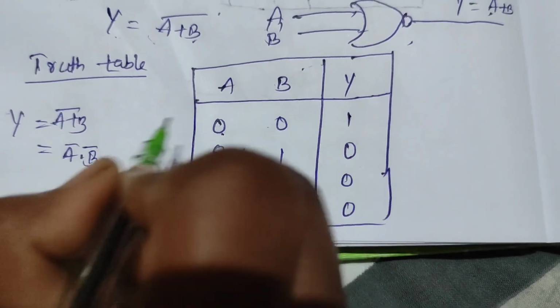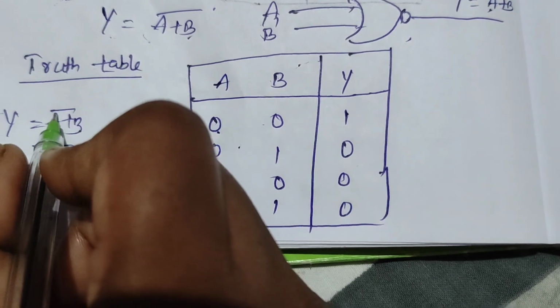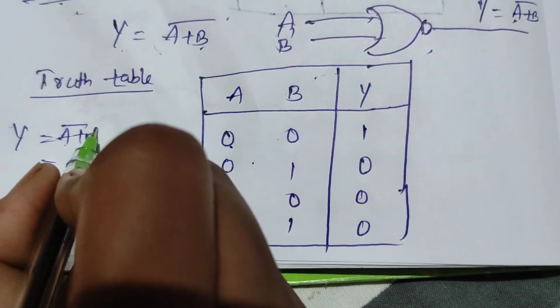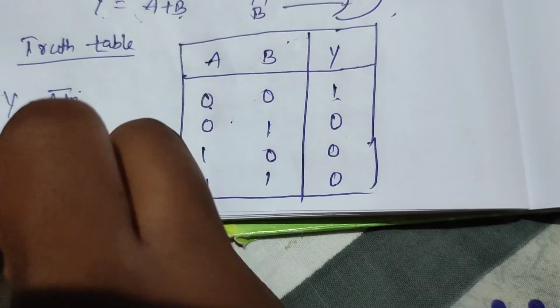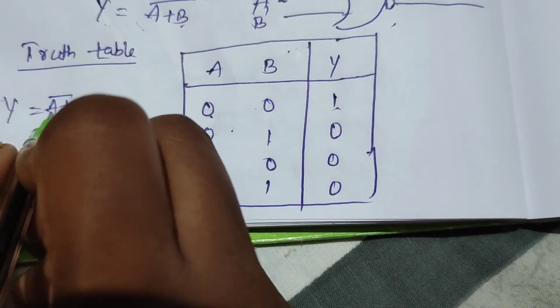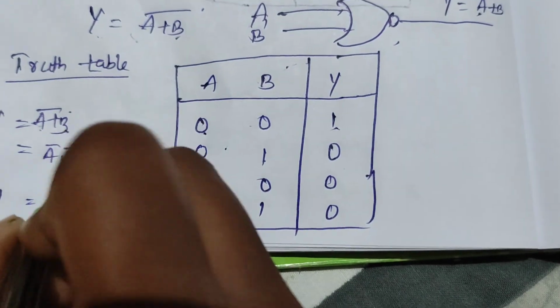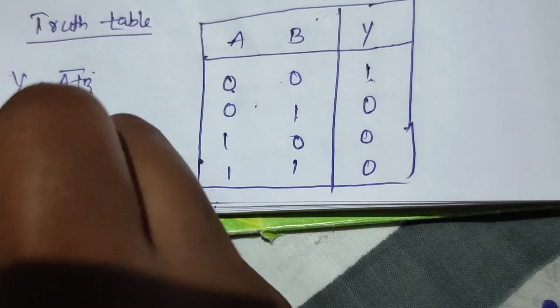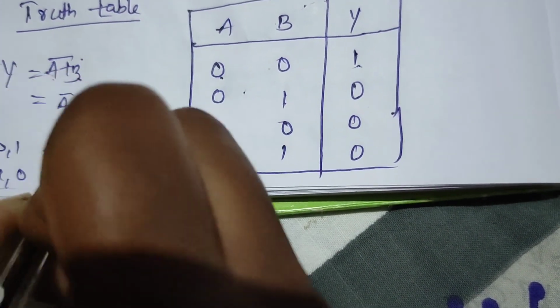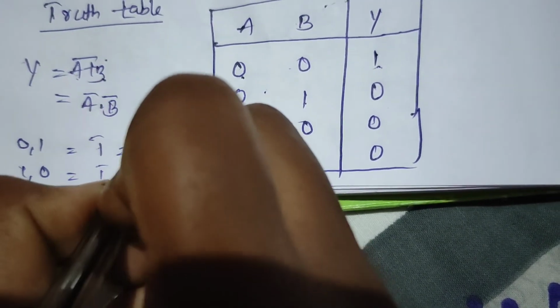Applying the inputs, 0 plus 0 becomes 0, but we have the complement bar, so the output is high. 0 1 means 0 plus 1 is 1, but we are doing the complement, so we get output low. And next 1 0 means 1 plus 0 is 1, the complement of it is 0.